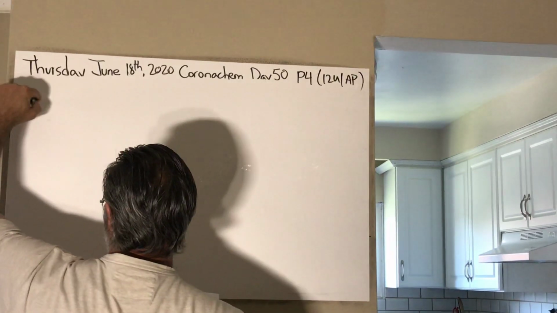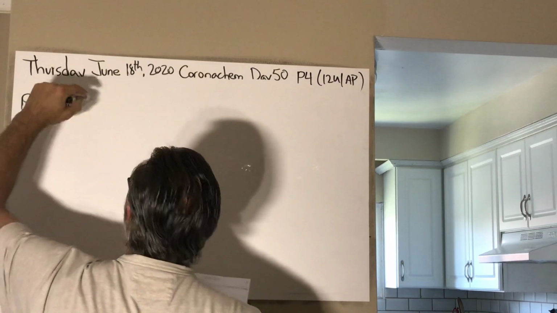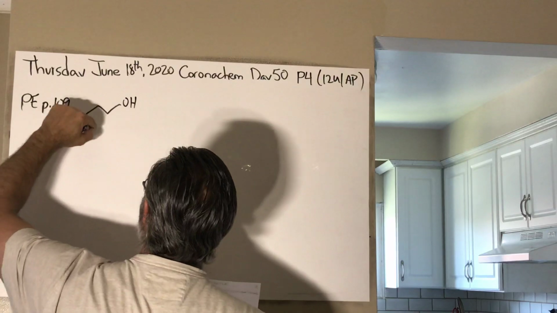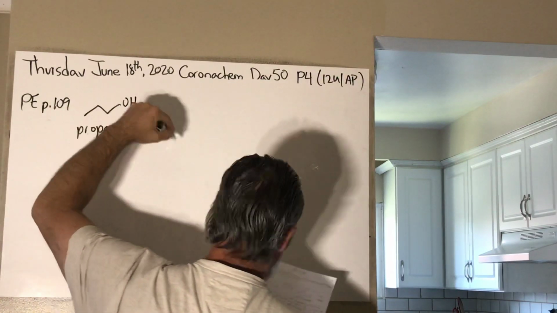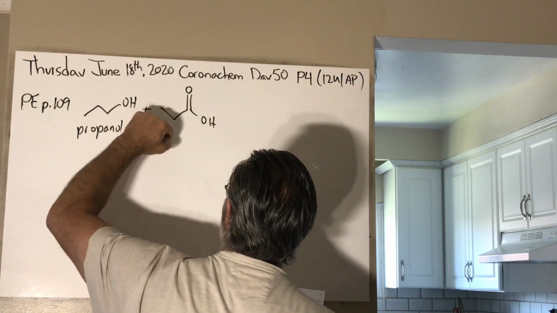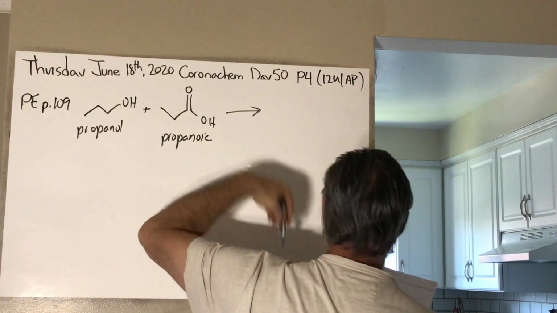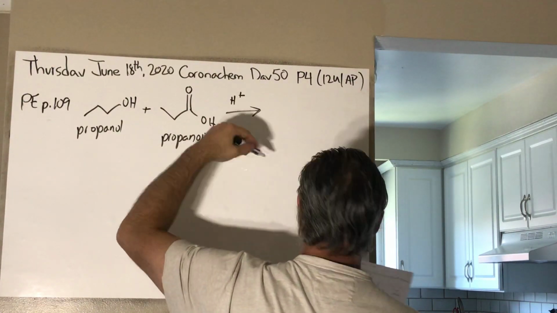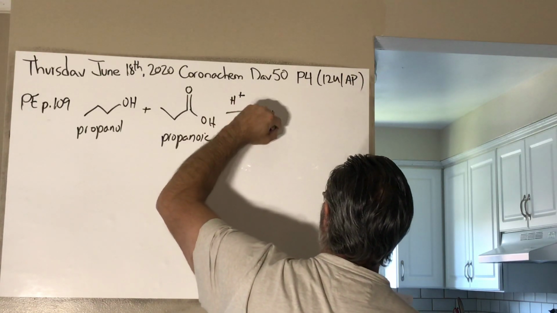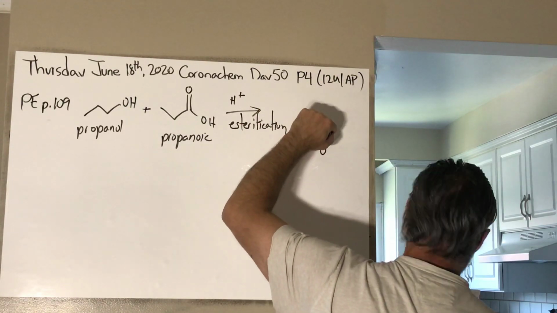Practice example on page 109. If you take propanol, which is an alcohol, and you combine it with propanoic acid, which is a carboxylic acid, in the presence of, usually, a little bit of H plus as a catalyst, but it can happen even without, you get the ester.